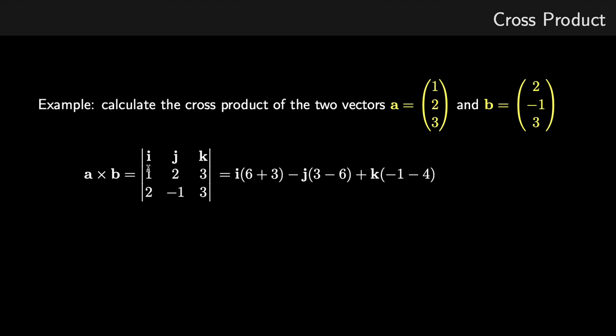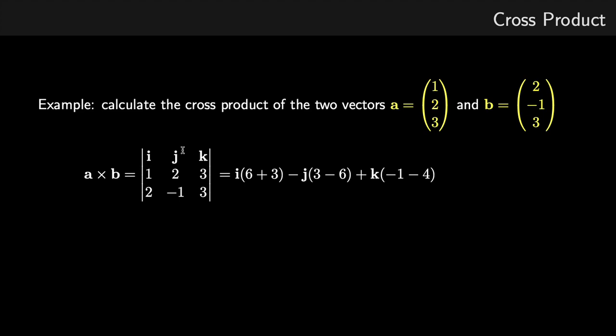If I block off the first row and first column, I'm left with the 2 by 2 matrix (2, 3; minus 1, 3). The determinant is 2 multiplied by 3, which gives me 6, minus 3 multiplied by negative 1, which gives me plus 3.